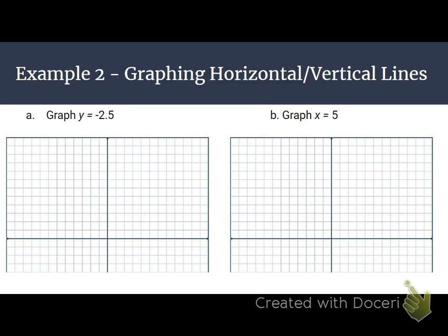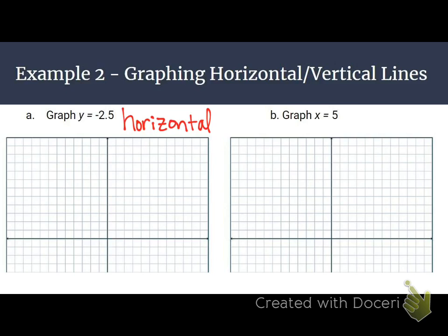On 2a, y equals -2.5. Is this going to be vertical or horizontal? Horizontal. It's a y equals line again. So, where do I go to figure out where this line is? In between what?